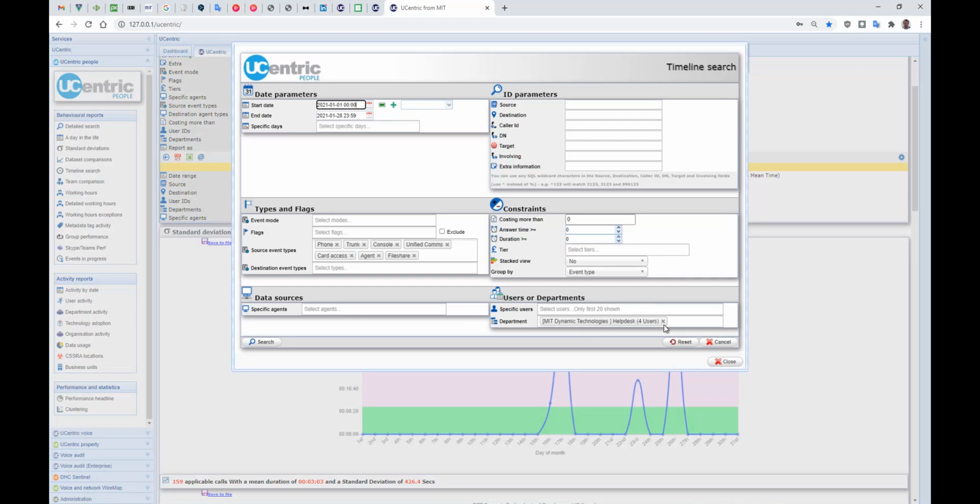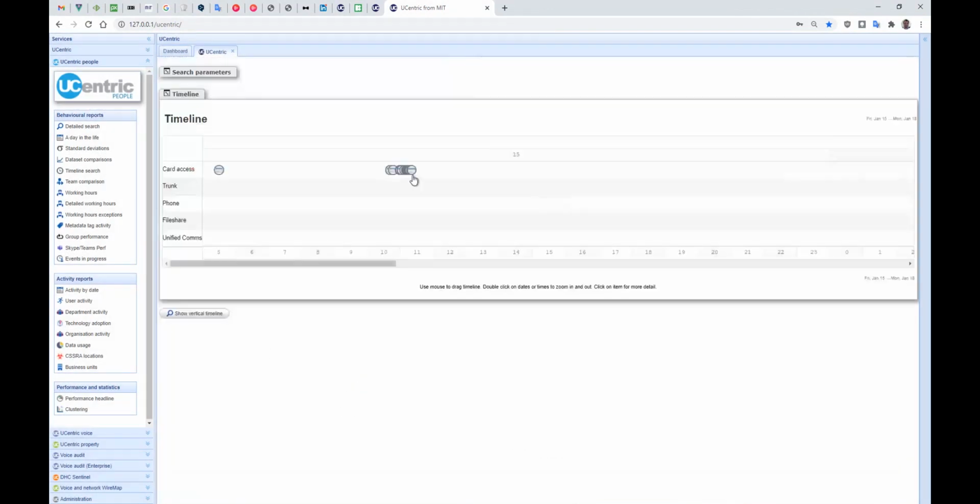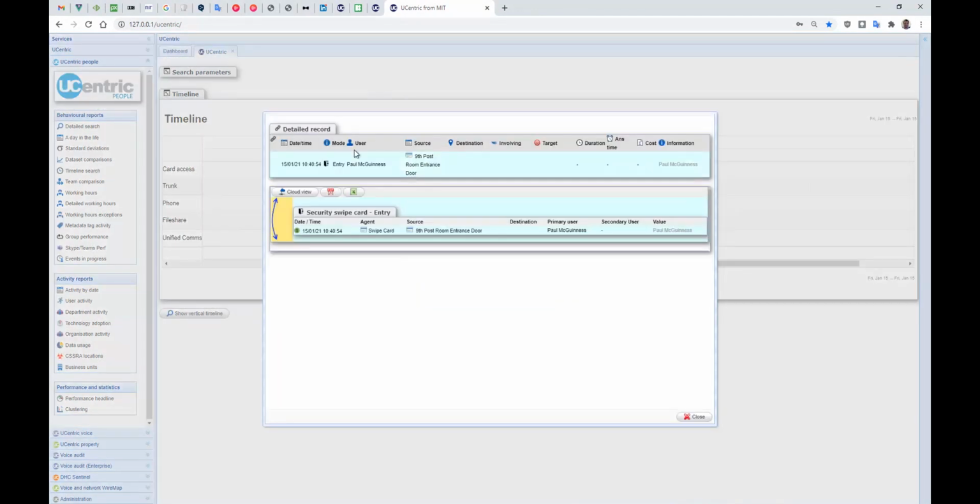We can also look at information in a sort of timeline. So I could look at particular users and show all the events that we want to see. We can actually see activity over particular days, and I can drill down and see particular events, see exactly what happened at particular times.